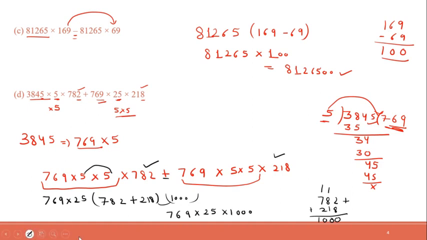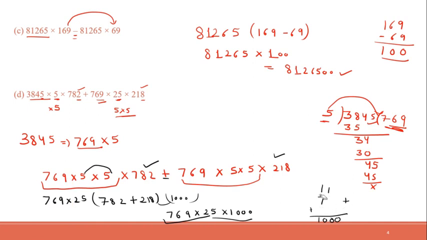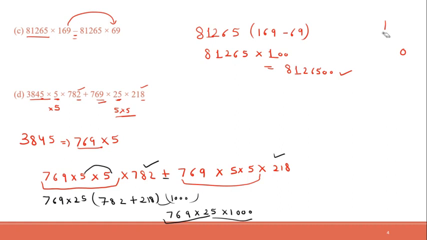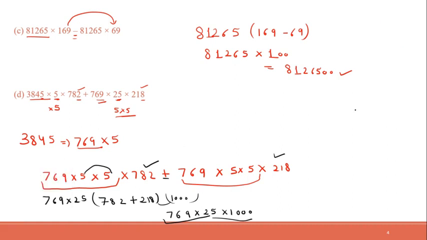Got it? So now we have to multiply these terms. How will we do it? Wait a second. Let me make some space for the calculation. So now here we can say it is 1000. That means 3 zeros. So we will not multiply this. We'll first multiply these two. 769 into 25. 5 into 9, 45. 5 here, 4 extra.